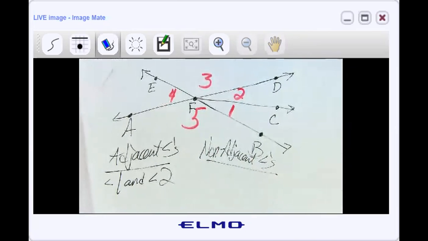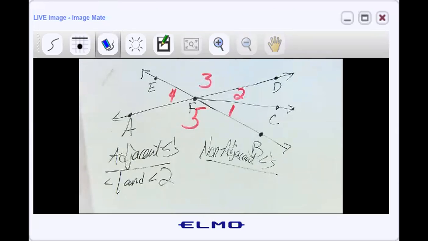Yes, okay. Can anybody look at this diagram and give me another pair? There's tons of them. Give me one other pair that you see in this diagram that are adjacent. You could send it in the chat. You could call out. I don't care. Oh, 3 and 4.